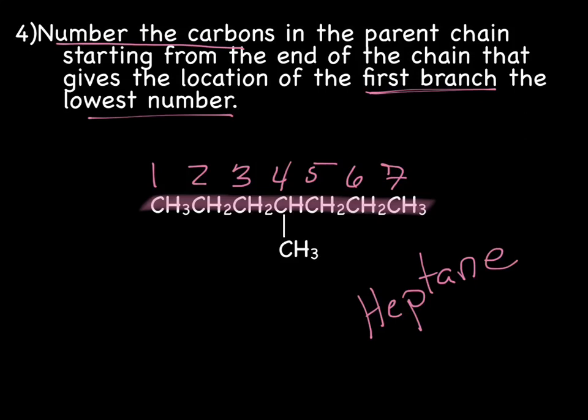If we number the other way, 1, 2, 3, 4, 5, 6, 7, we still have the branch at carbon number 4. So in this case, it doesn't matter which way we number the chain. Either way, the branch is at carbon number 4.